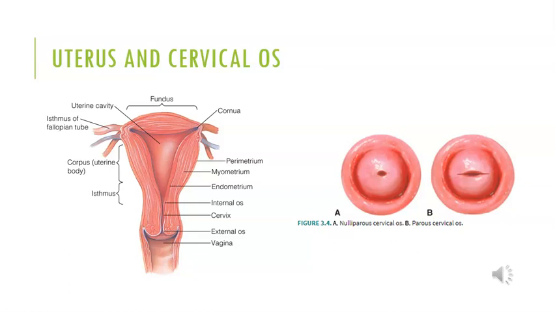Before childbirth, the external cervical os is small and oval-shaped, which is indicated by letter A in figure 3.4. After childbirth, the external cervical os actually converts and looks more like a transverse slit that resembles lips. That is recognized in letter B of figure 3.4.